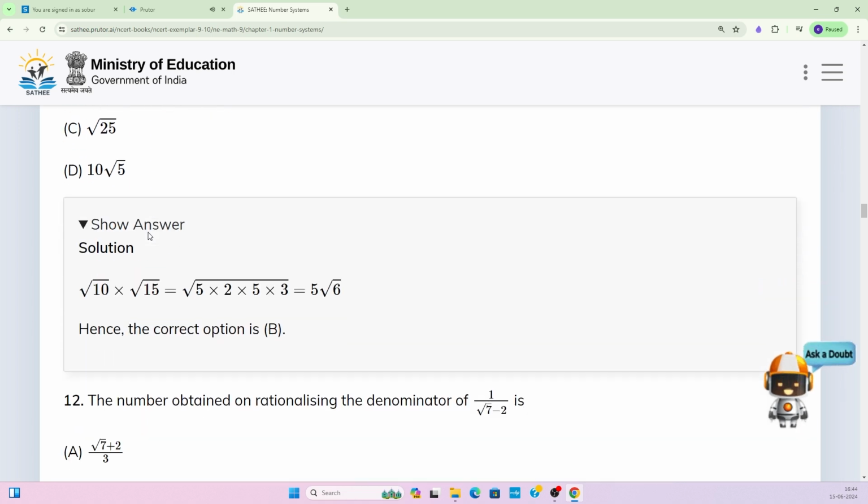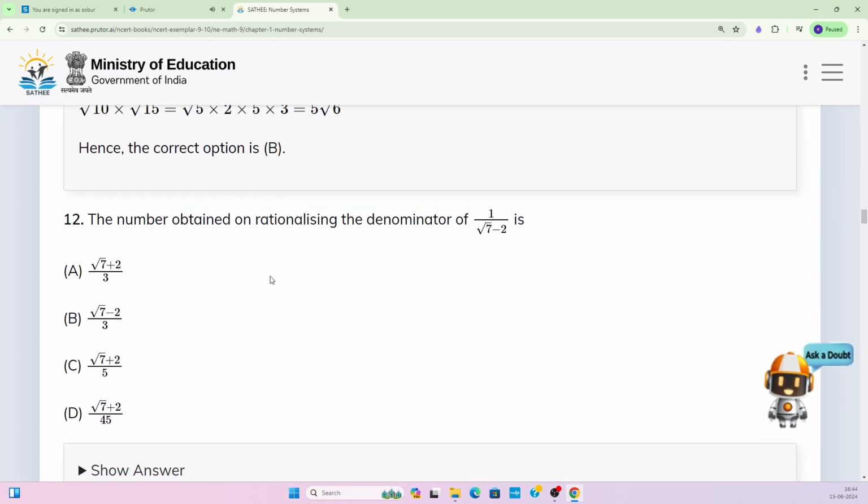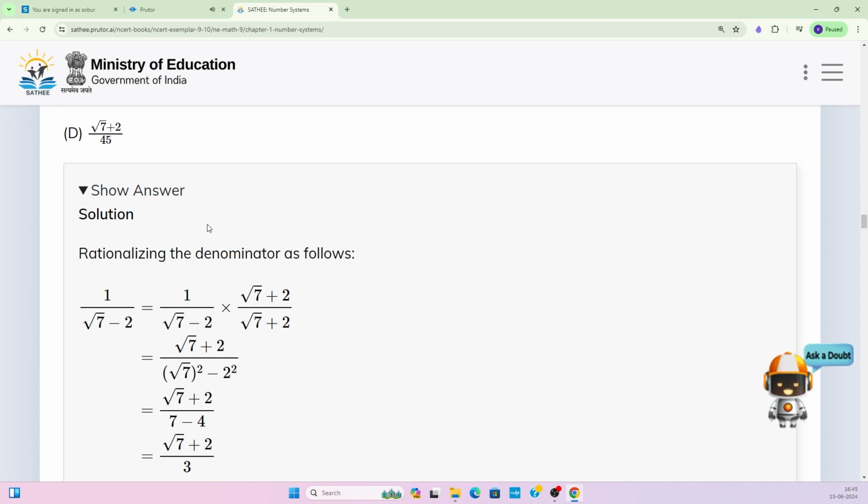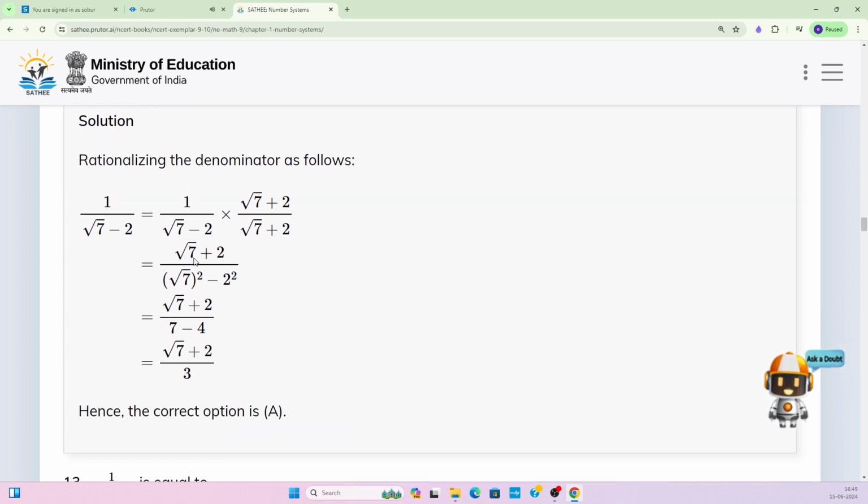And now let us see question number 12. The number obtained on rationalizing the denominator of 1 by root 7 minus 2 is what? You have studied how to rationalize a number. So here, rationalizing the denominator: 1 by root 7 minus 2 is equal to 1 by root 7 minus 2 into root 7 plus 2 by root 7 plus 2.